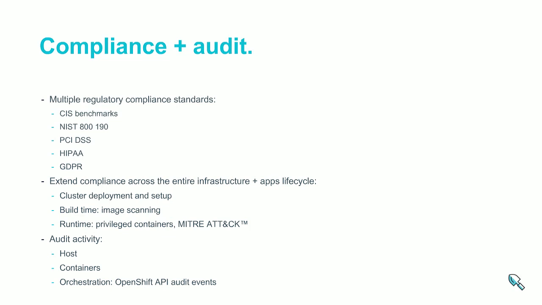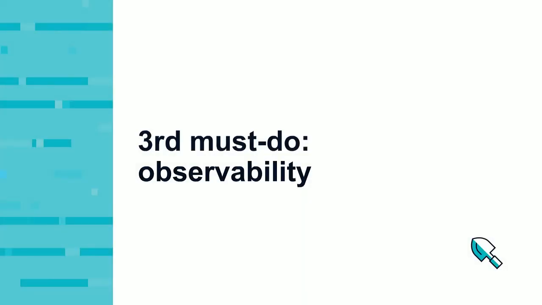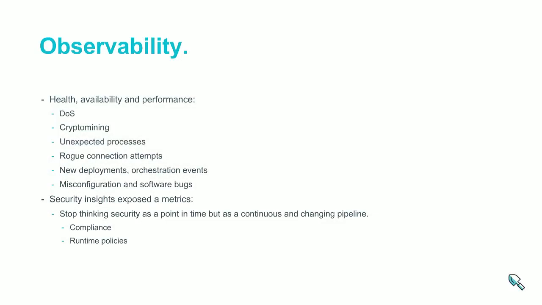And the third stop, or the third must-do I want to talk about today, is observability. And this is actually something quite new. We think that observability is part of the security process.